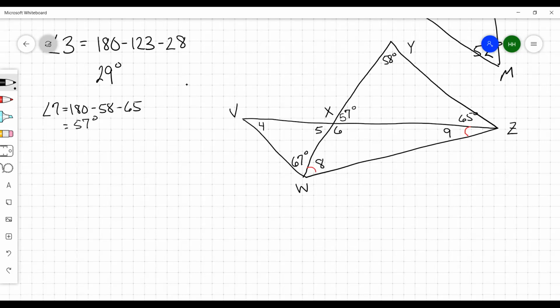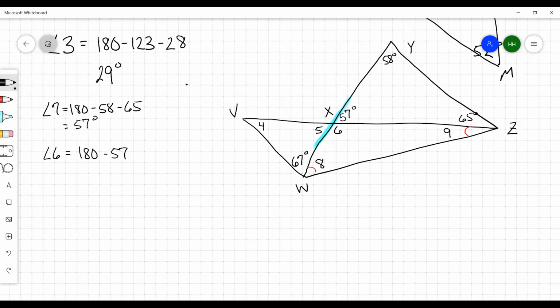Now, anytime I see 2 angles next to each other and they form a line, right? Don't these 2 form a line right here? The 57 and the angle 6? 57 and angle 6 form a line. So angle 6 is equal to 180 degrees minus 57.